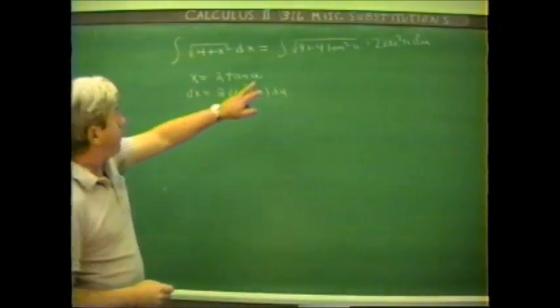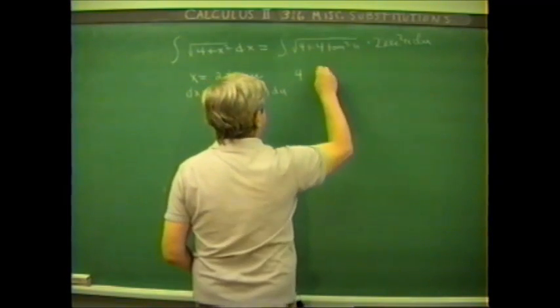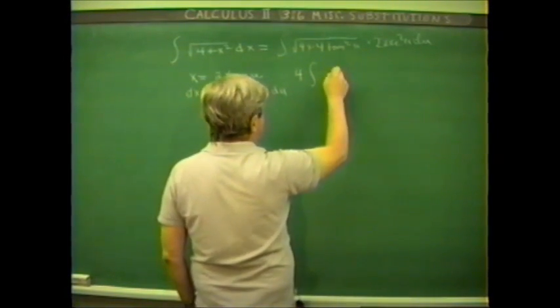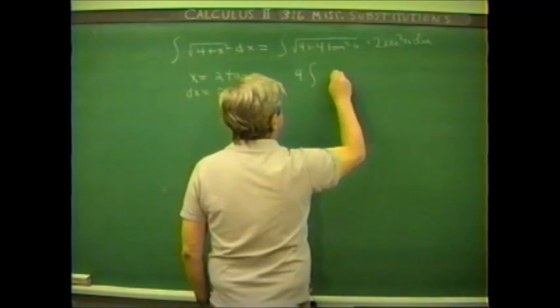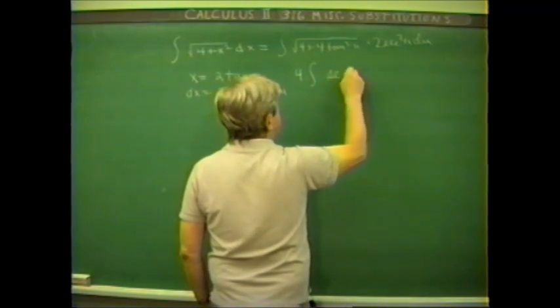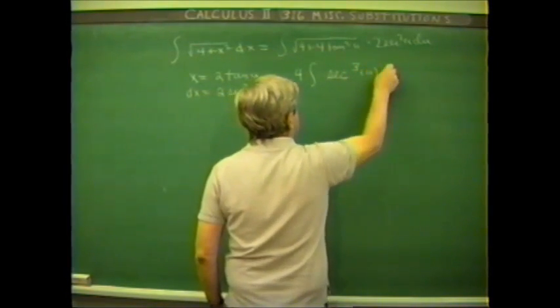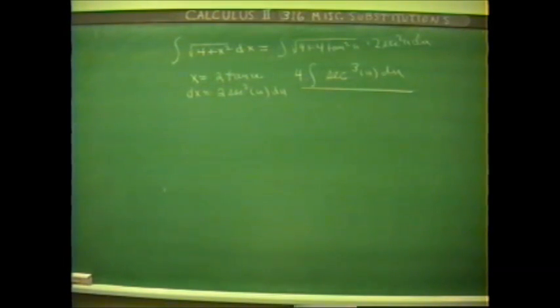The 4 can be factored out, leaving us with a 2, so we get 4. Along with that 2, we have 1 plus tangent squared, which is secant squared. So the square root of secant squared is secant. We have secant times secant squared, or secant cubed of u du, and that's something that you know how to do. It's an odd power of the secant and can be done.